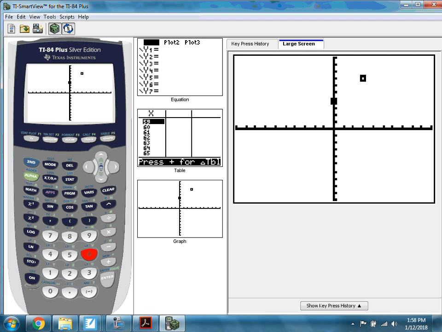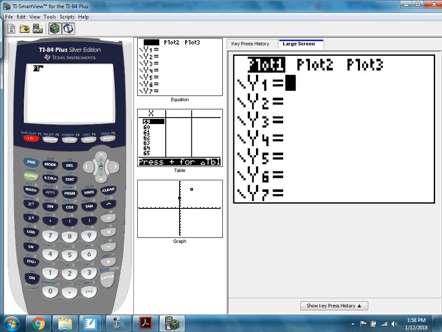Also, you might have some random points plotted from doing all of those stat plots. So I'd like you to press y equals. Do you notice how I have one of my stat plots turned on right here? To turn it off, I put my cursor on top of plot 1 by pressing the up arrow and pressing enter.